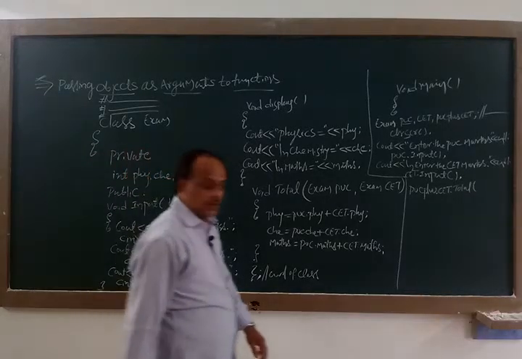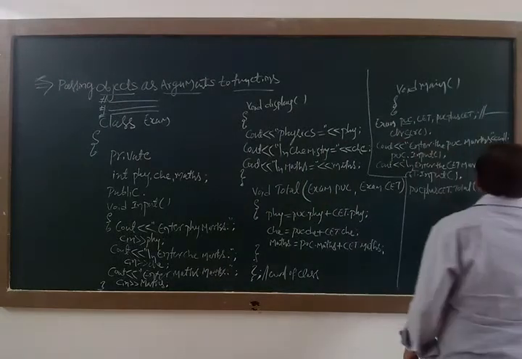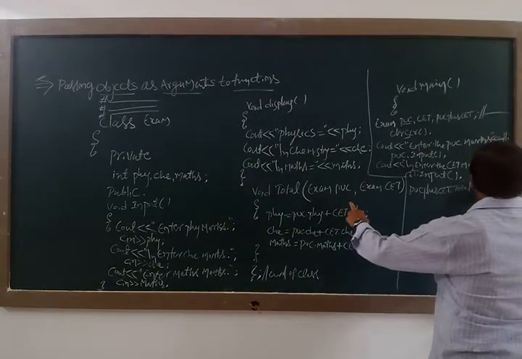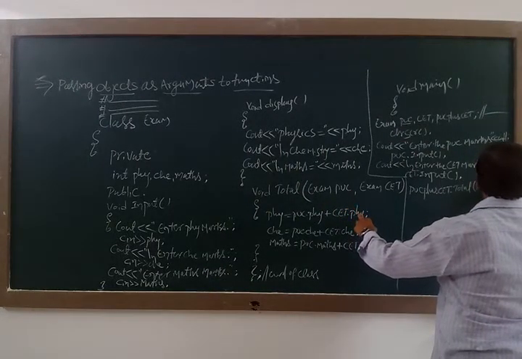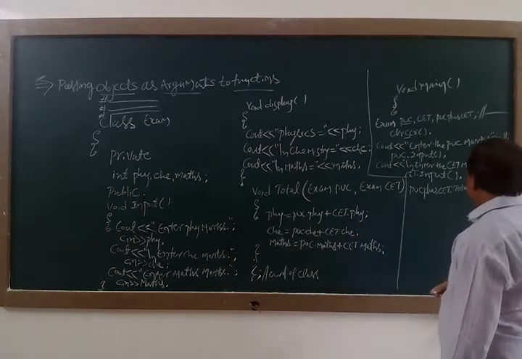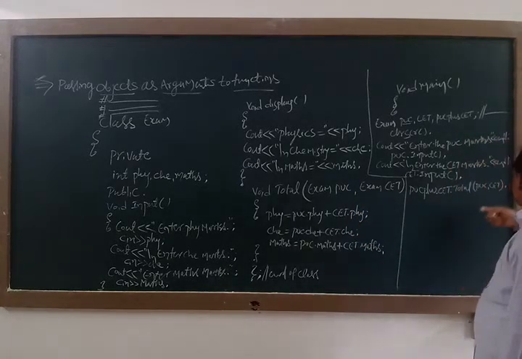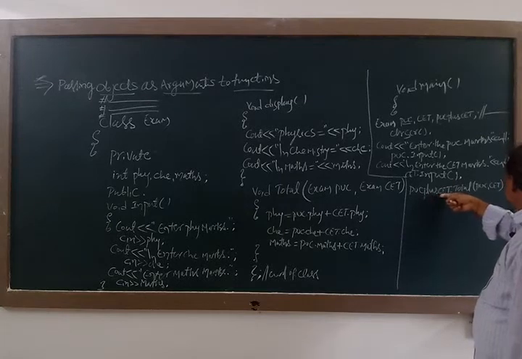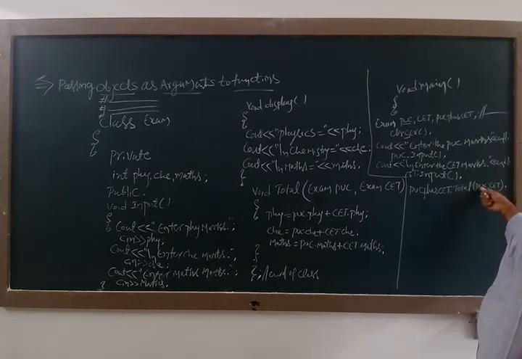At this time, just we have to write inside only objects, that is PUC comma CET. Then what happens? This acts as calling function. PUC plus CET dot total of PUC comma CET.